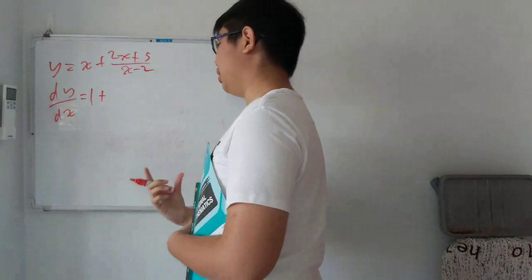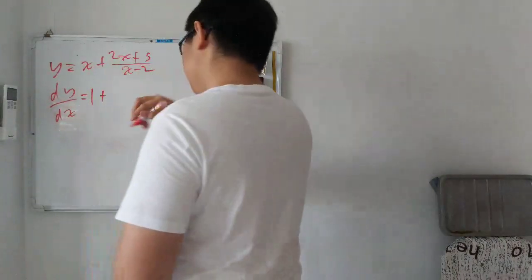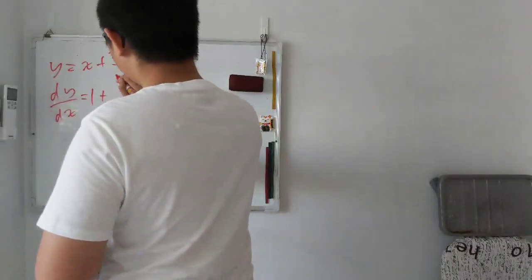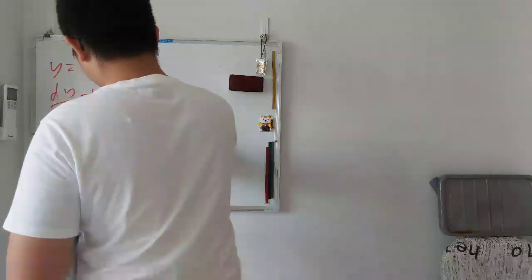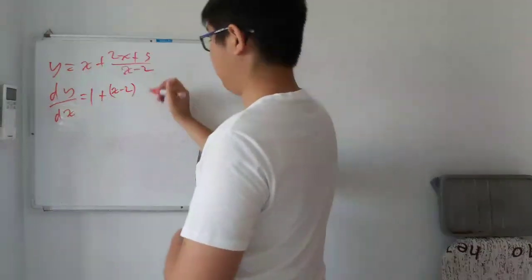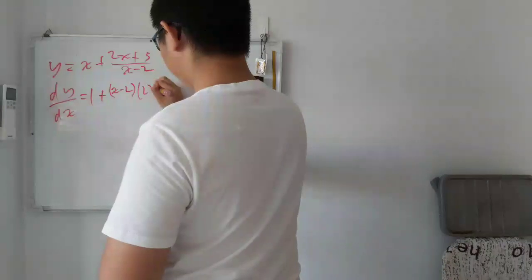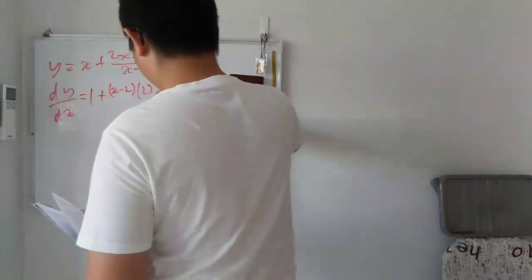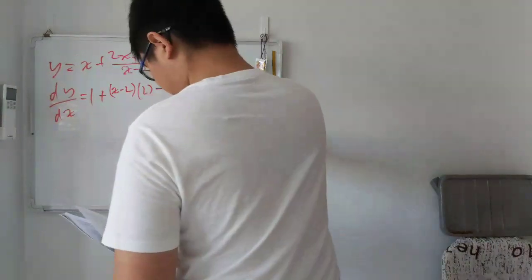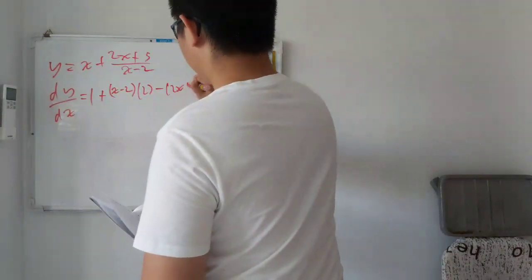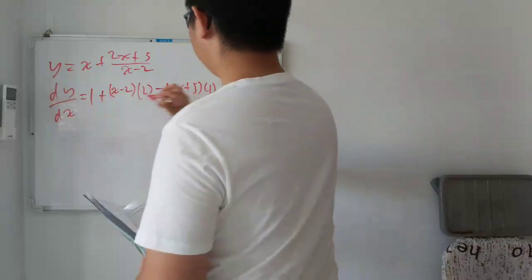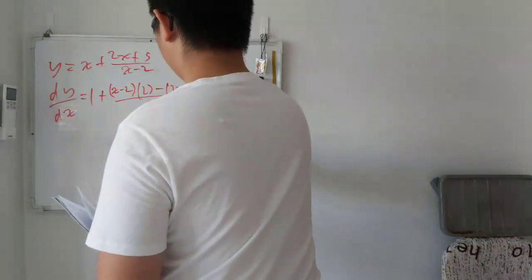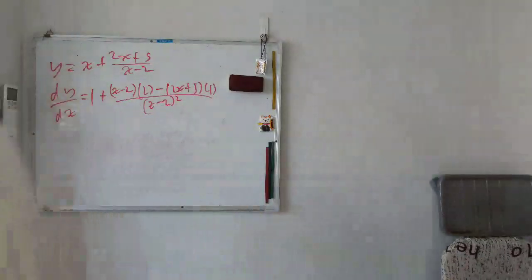Now we need to do our division, our quotient rule. So we will have x minus 2 du dx, so this is just 2. No, not plus. Minus 2x plus 5, let's just go to 1, then all over x minus 2 squared.